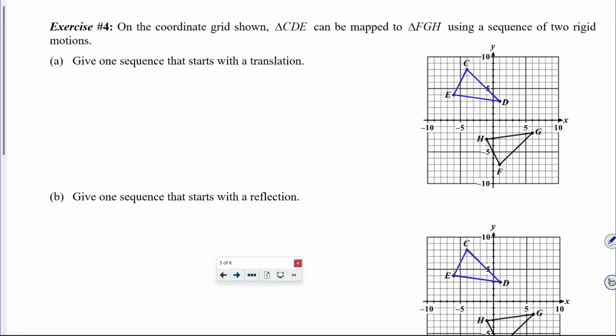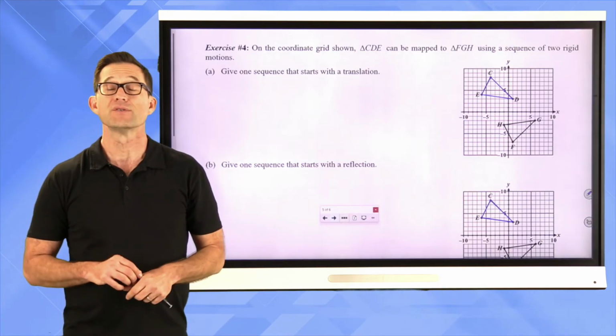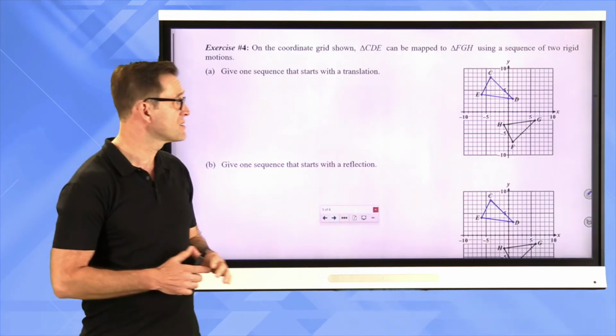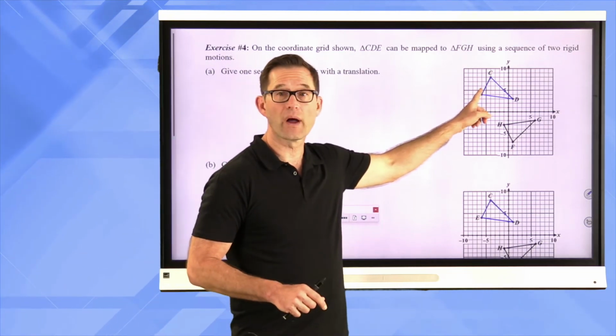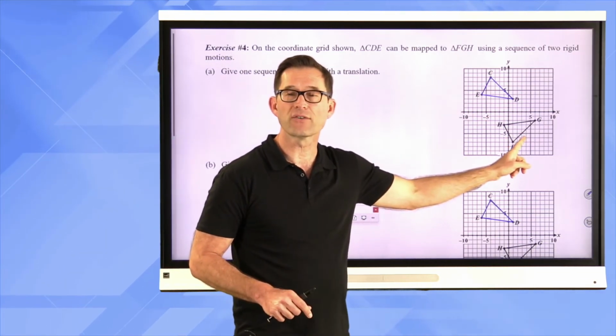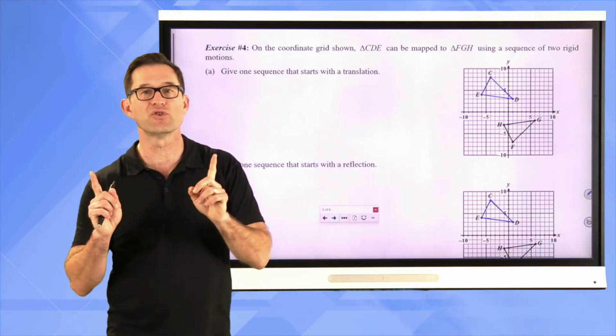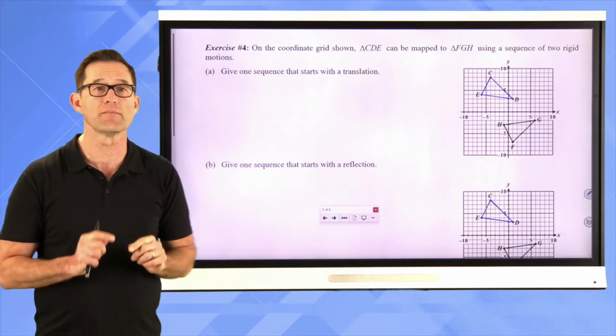Exercise number 4. On the coordinate grid shown, triangle CDE can be mapped to triangle FGH using a sequence of two rigid motions. Letter A, give one sequence that starts with a translation. All right, so what I want to do is somehow get this triangle to map on top of that triangle using a sequence of two transformations, two rigid motions.